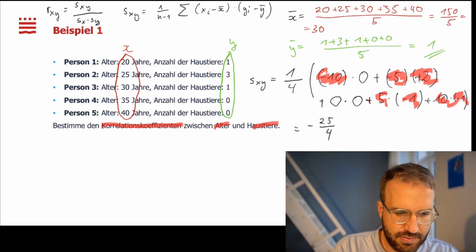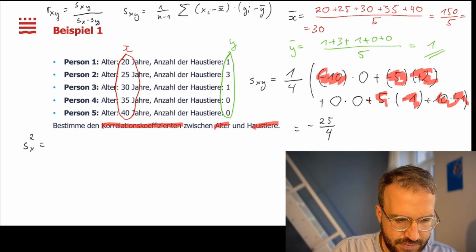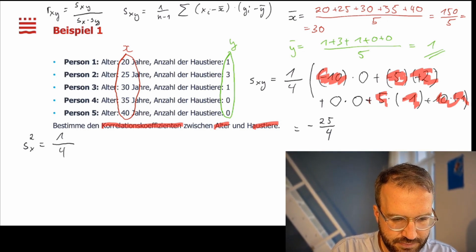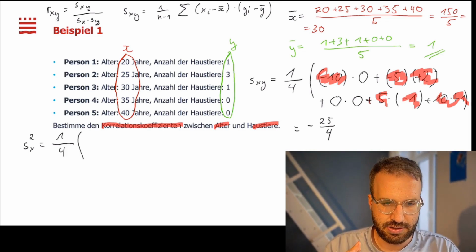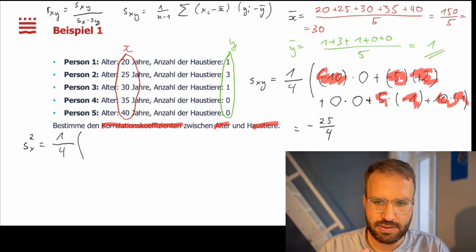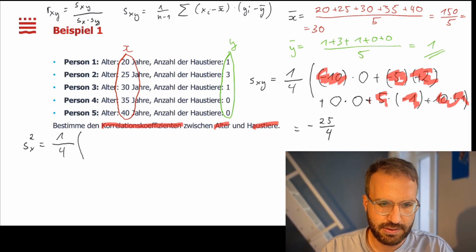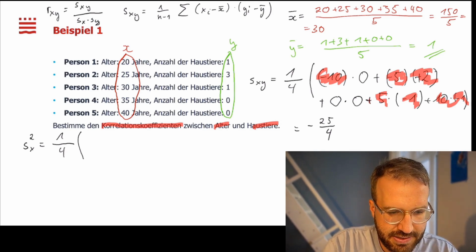Exactly. Now we can also determine the standard deviation, so that we can then calculate the correlation coefficient more accurately. So first we calculate Sx. We will calculate the variance, which is 1 divided by 4. We always need to consider the deviation squared from the mean, which is 30. We start with 20, person 1, which means the distance is 10, so 10 squared plus.